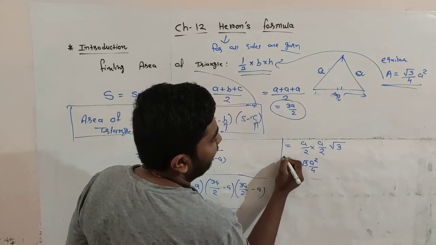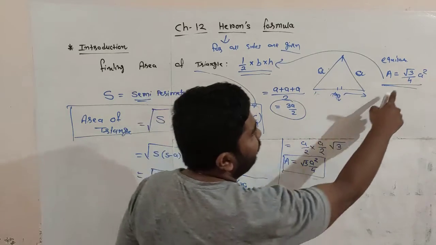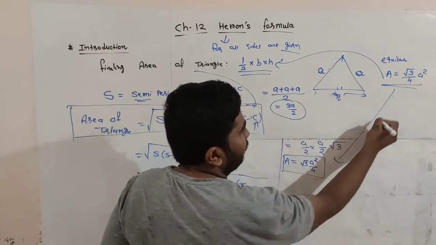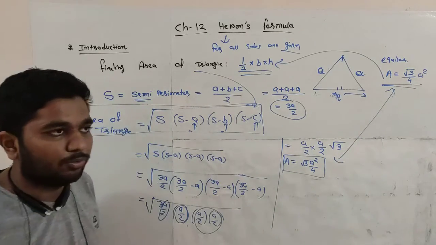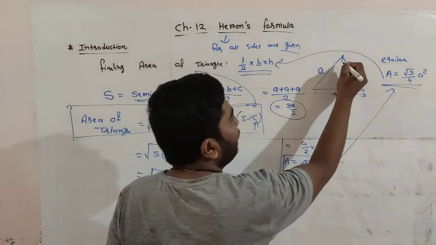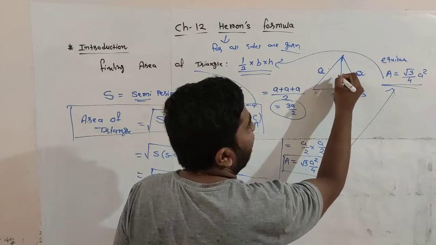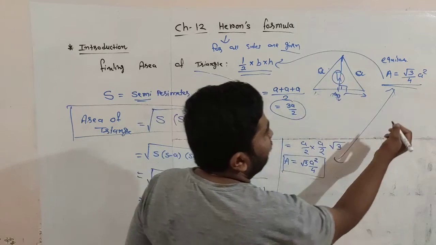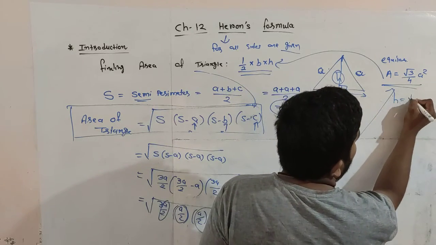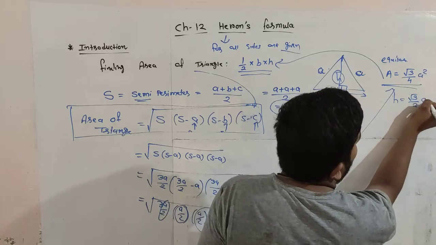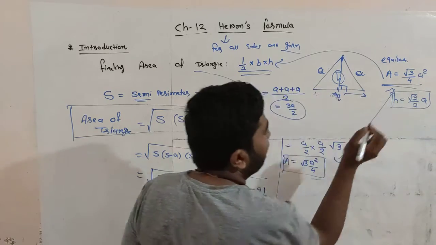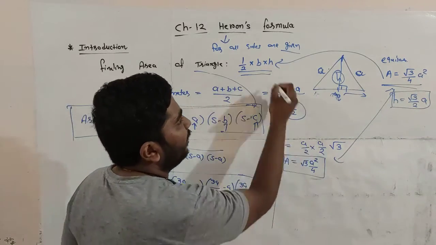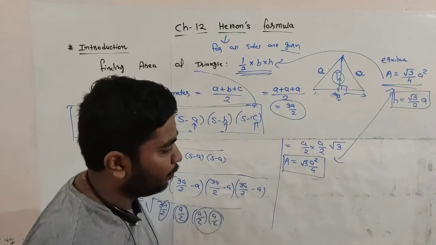So we were using area of triangle is equal to root 3 by 4 a square, that we were already using. Also for the altitude of this triangle, this is h, we were using h is equal to root 3 by 2 into a. That formula we also derived from this and this, means half into base into height.